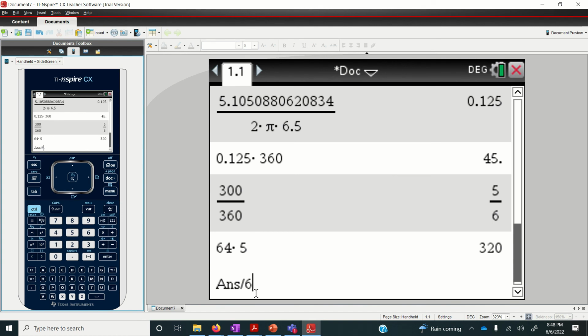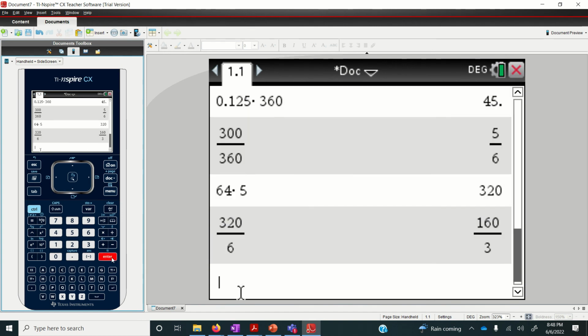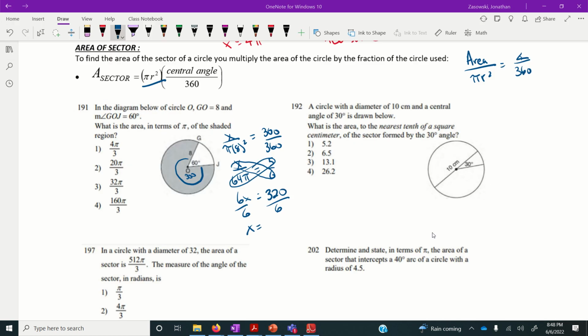Now, when you type in divided by 6 and hit enter, it's going to reduce it for you. And remember, there still was, we multiplied by 6 here. This is 320 pi, okay? So when we reduce, we're going to get 160 pi over 3. The fraction is just the coefficients. The pi has to stick around like a variable. And there's our answer. All right?